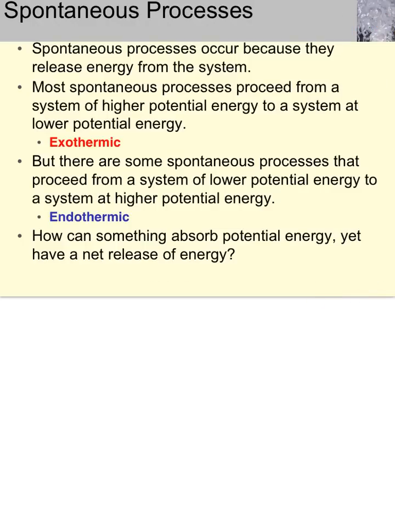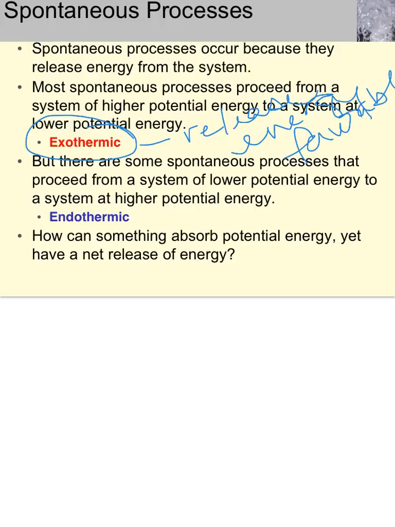So let's talk about spontaneity a bit. You know from what we've learned before that there are some processes that are exothermic, which means that they release energy, right, in the form of heat. And we know that that's favorable, okay?